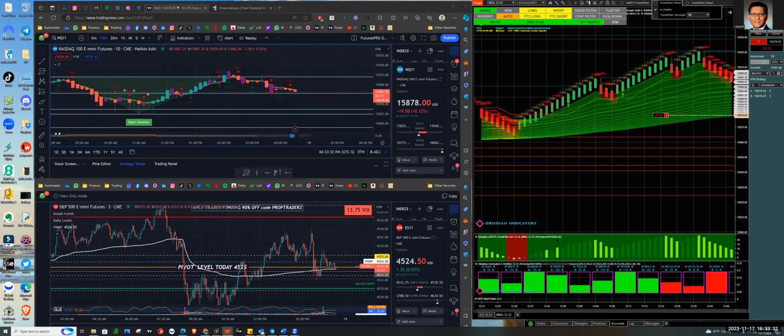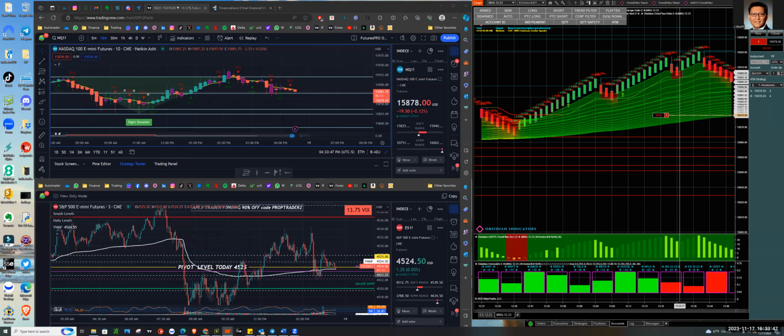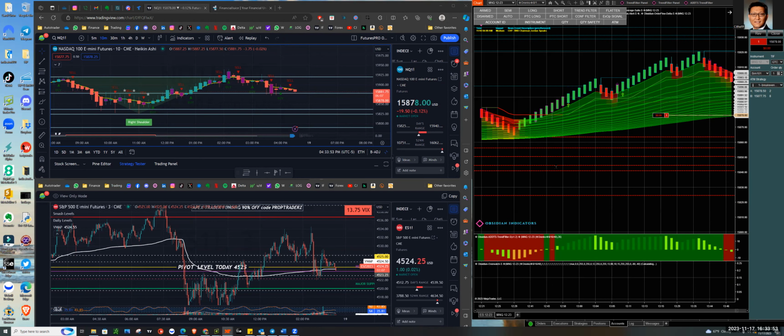The trend filter, the automatic is a 50, but if you're trading MNQ, you may want to do 26 right there. Okay. I keep it at 50. And there you go.